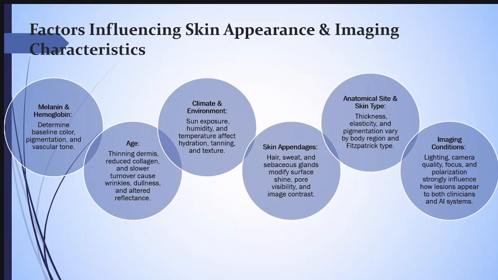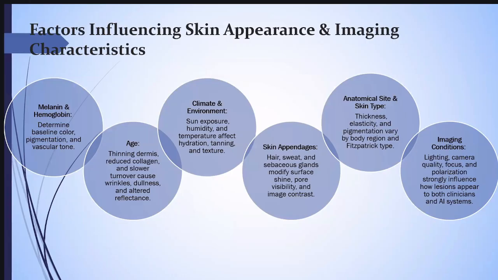And then the climate and environment. A person who is exposed to a lot of sun, like a farmer by occupation or a person who is almost always outside, the skin is entirely different. And the humidity of the area, the temperature effect, everything will change the base appearance of the skin, and hence the appearance of the skin lesion.